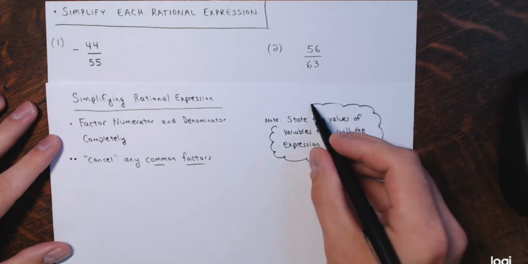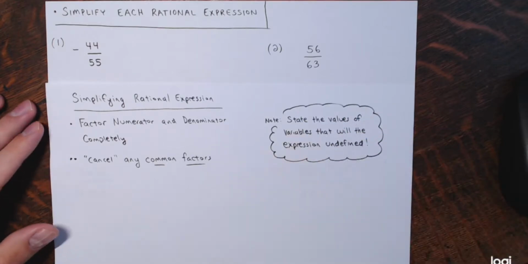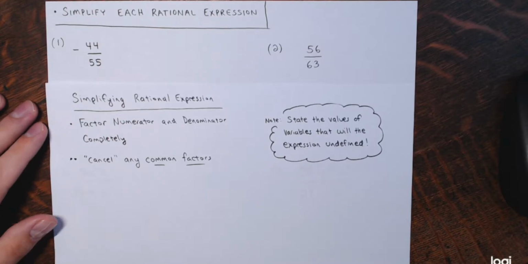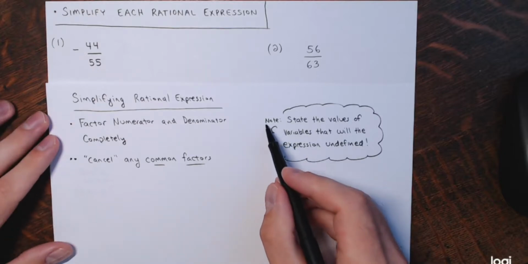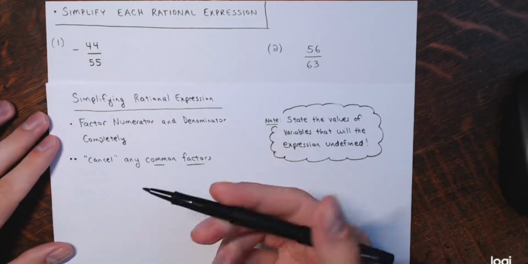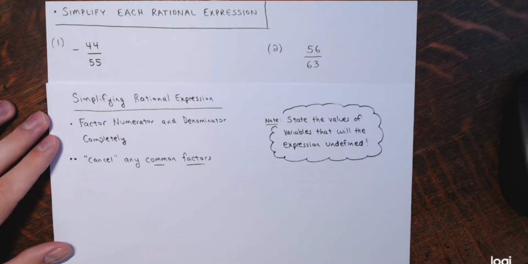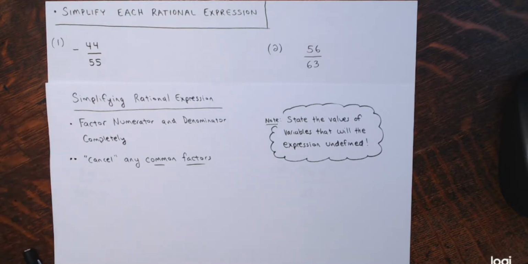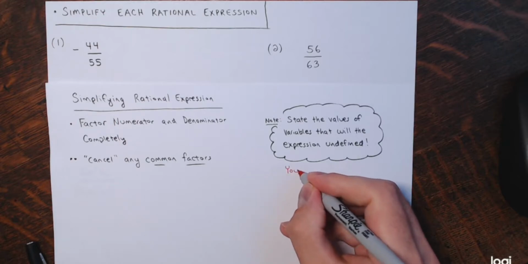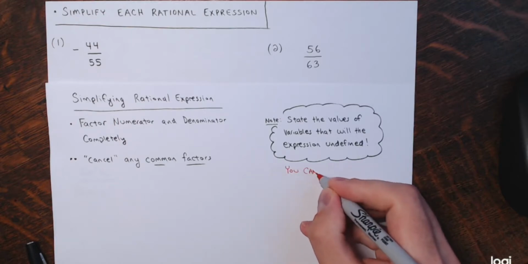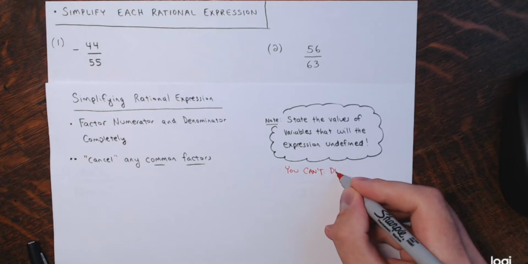The reason for this is you can't just plug in anything for the variable. Sometimes there will be numbers that, when you plug them into an expression, you'll be dividing by 0. And just remember, you can't divide by 0. Keep that in mind.